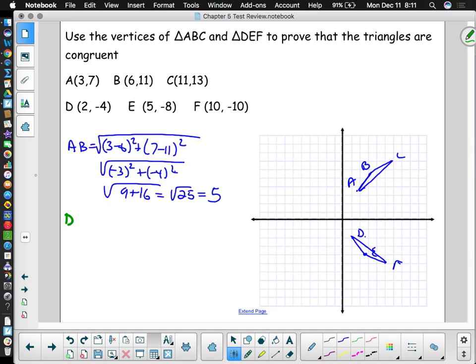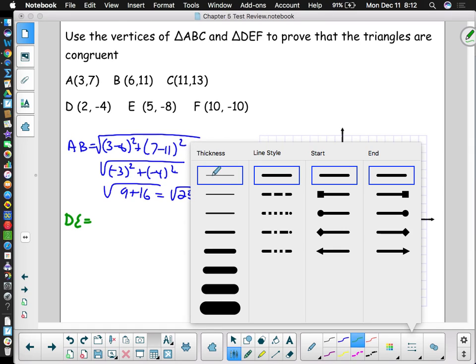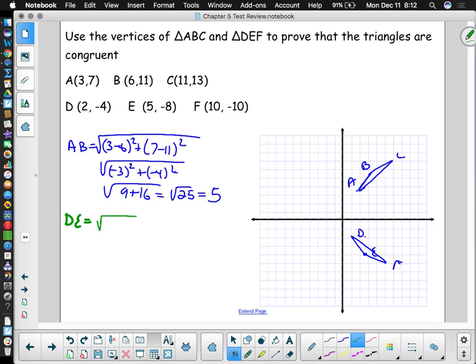DE. So let's do that right away. Okay. DE, yes. DE would be 2 minus 5 squared plus negative 4 minus negative 8 squared.